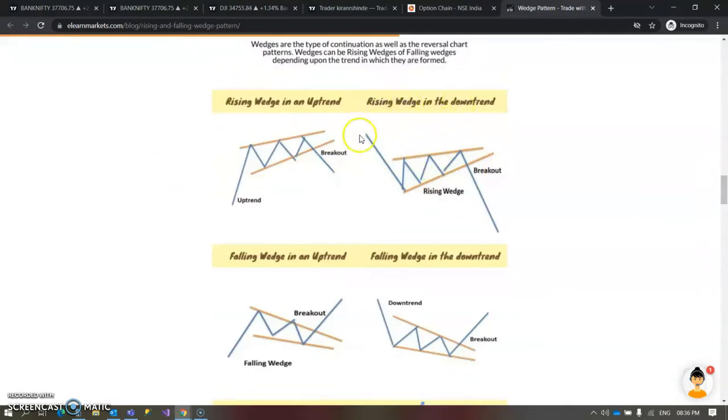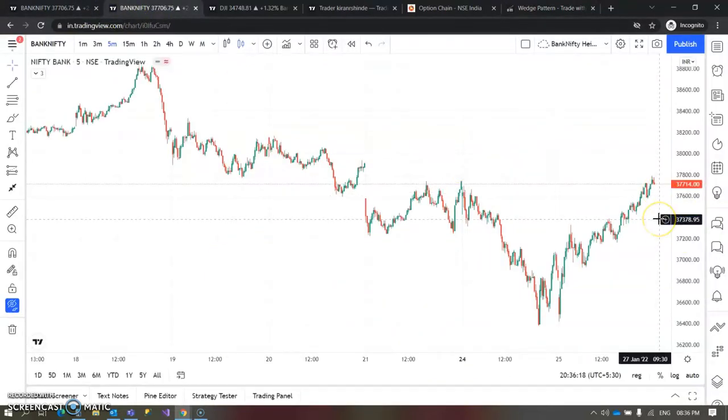So in a downtrend, what is happening? We saw a downtrend, market tried to cover. We can see a breakdown as well, breakout or breakdown. It should be a breakdown.